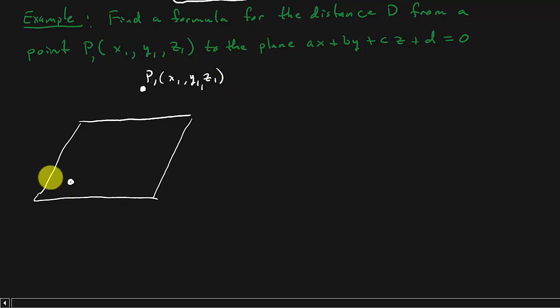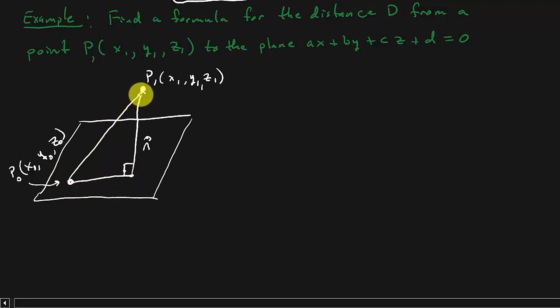We'll call that point P0, which is x0, y0, z0. That's that point right there. This is vector n, your normal vector here. And you've got a line here, and then you've got a line here.